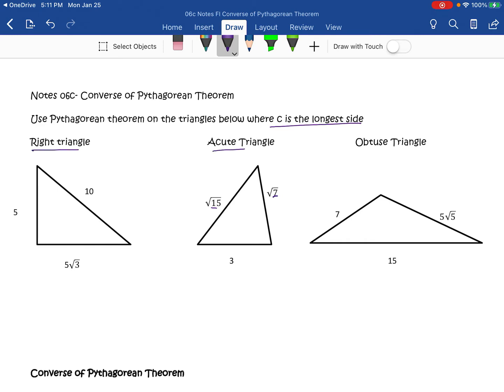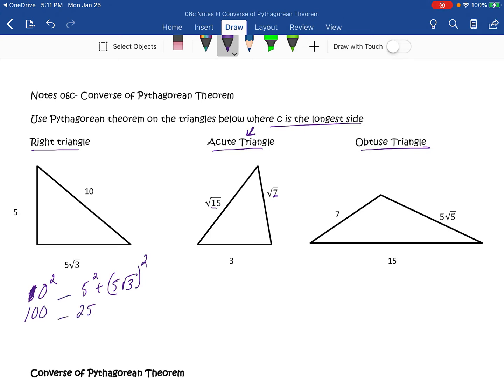You have only three classifications: right, acute, and obtuse. An equiangular triangle is acute because it has all 60-degree angles. So I'm going to do the Pythagorean theorem here: 10 squared, and then 5 squared plus (5 radical 3) squared. 10 squared is 100.